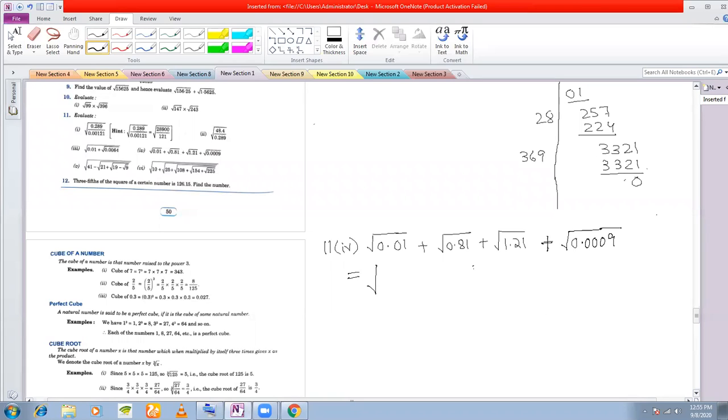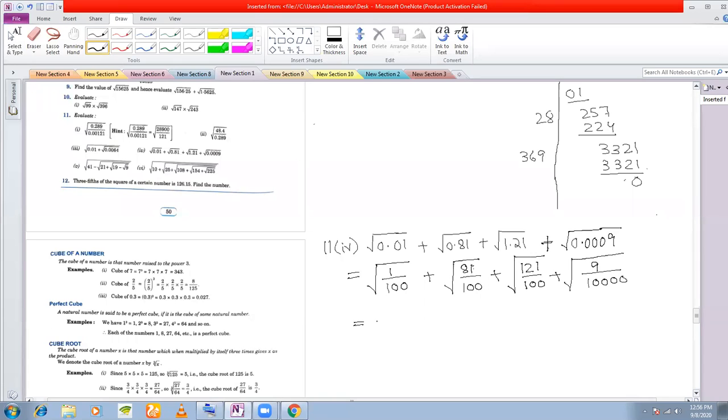So 0.01 can be written as 1 by 100. 0.81 can be written as 81 by 100. 1.21 can be written as 121 by 100. And 0.0009 can be written as 9 by 1 and then 4 zeros.